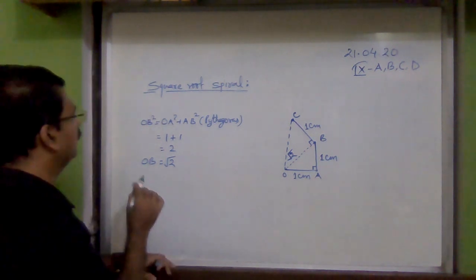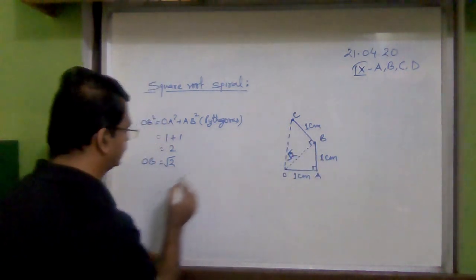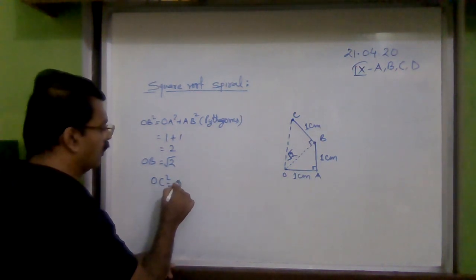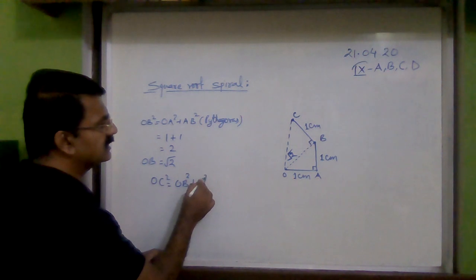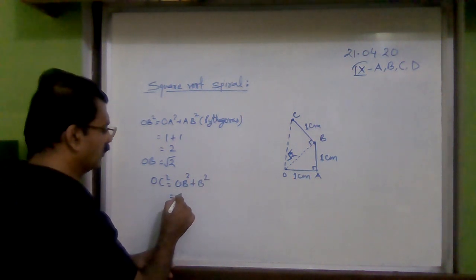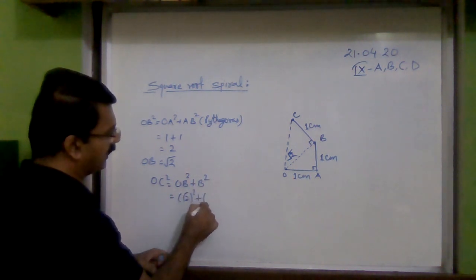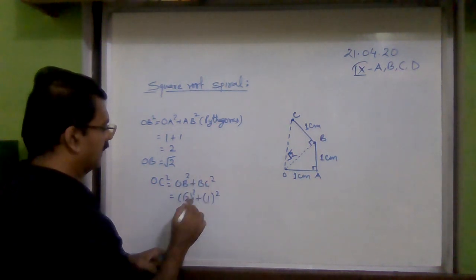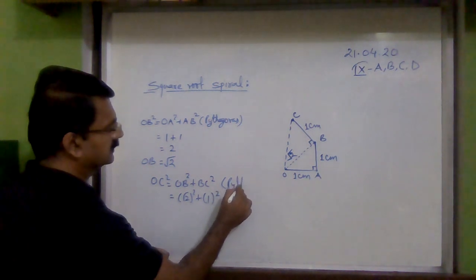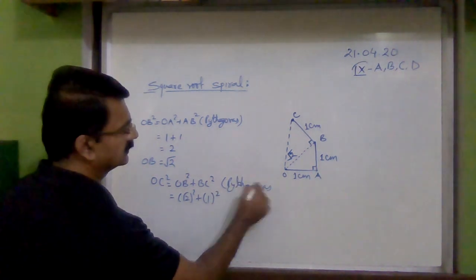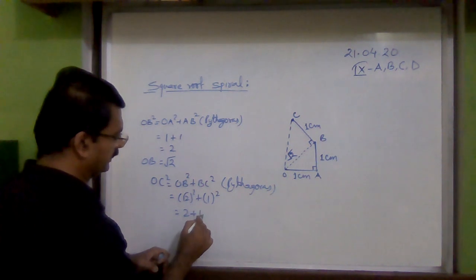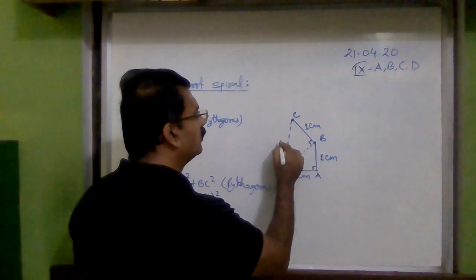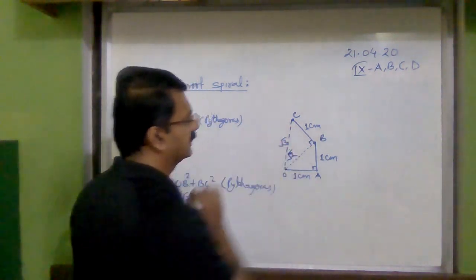Once again, if you apply Pythagoras in triangle OBC, you can see that OC square is equal to OB square plus BC square, that is root 2 whole square plus 1 square. This is Pythagoras. Now 2 plus 1, that is 3. So OC will be equal to root of 3. So the length of OC will become root of 3.